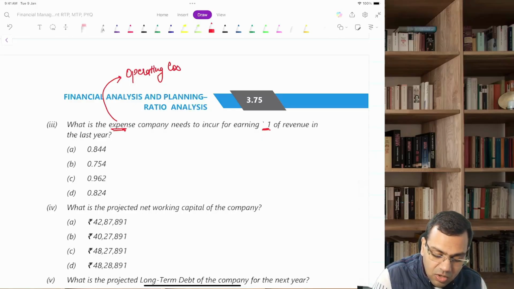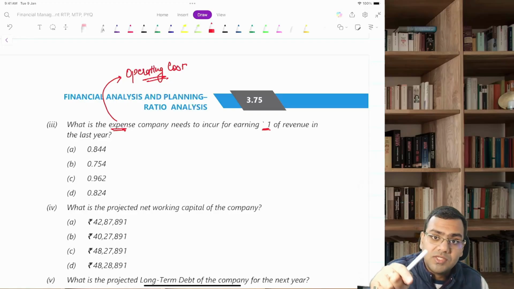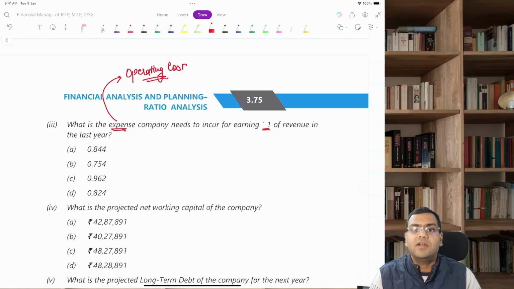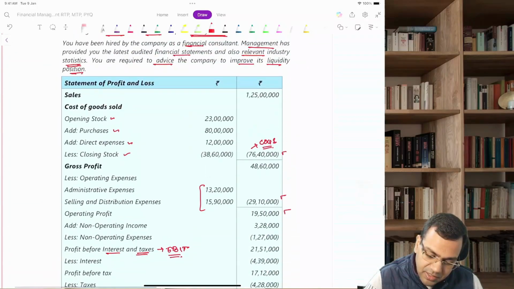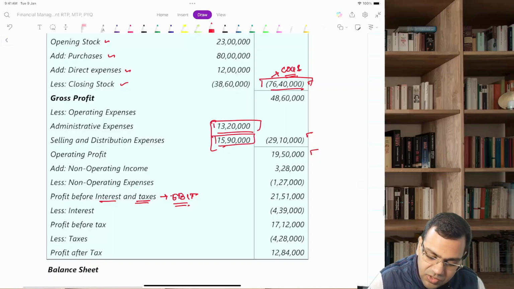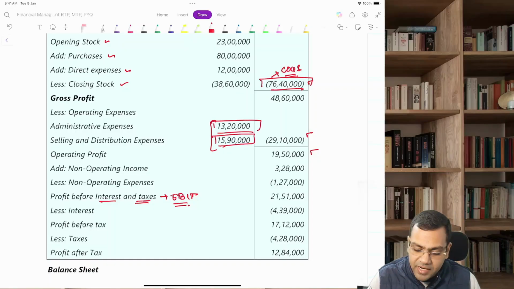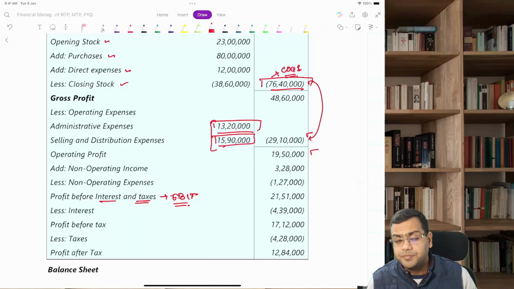That is, what is the cost incurred in the making of the product? What is the cost incurred in the selling of the product to generate that 1 rupee of sales? Right? And what will be the operating cost here? The operating cost here will be your COGS plus your admin expenses plus your selling and distribution expenses, or I can say COGS plus your operating expenses.